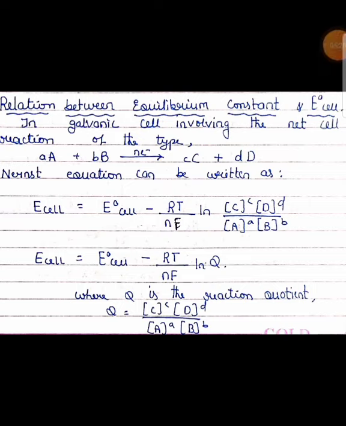In a galvanic cell involving the net cell reaction of the type aA plus bB gives rise to cC plus dD, we can write the Nernst equation for this type as E cell is equal to E naught cell minus RT divided by nF natural log of concentration of C to the power of c into concentration of D to the power of d divided by concentration of A to the power of a into concentration of B to the power of b. This is the representation of the Nernst equation for this type of reaction.